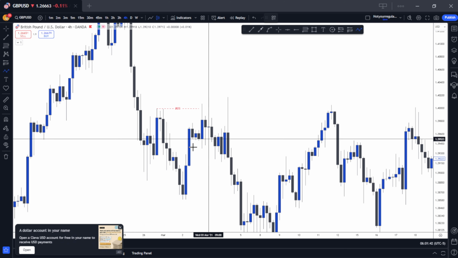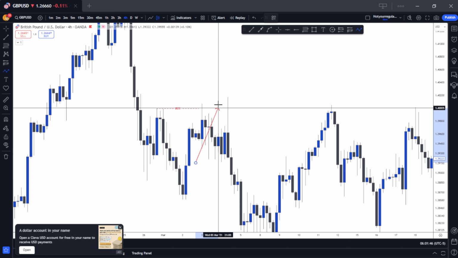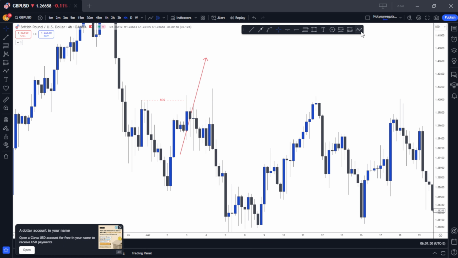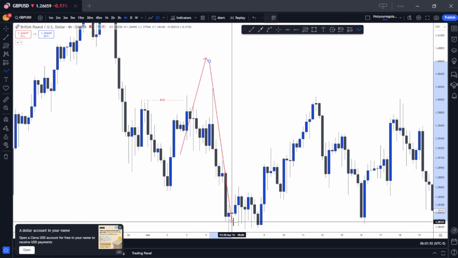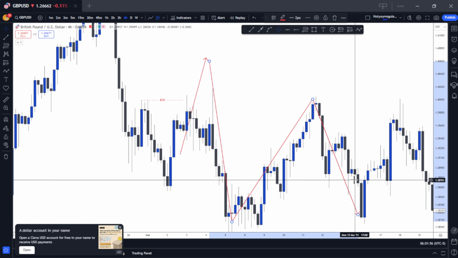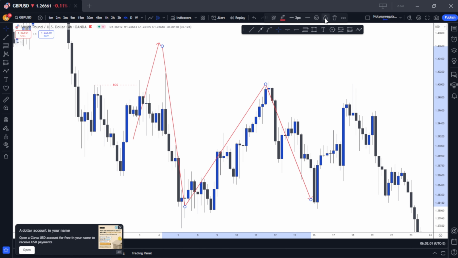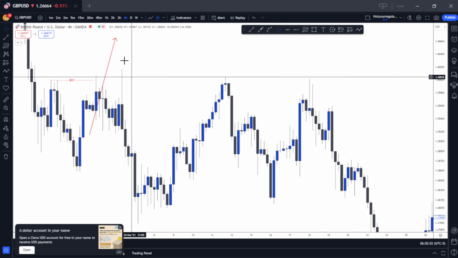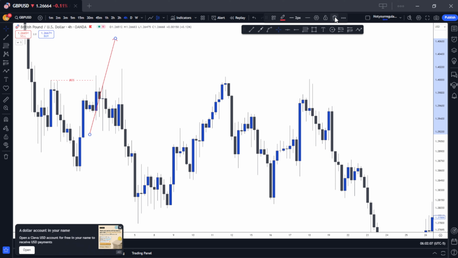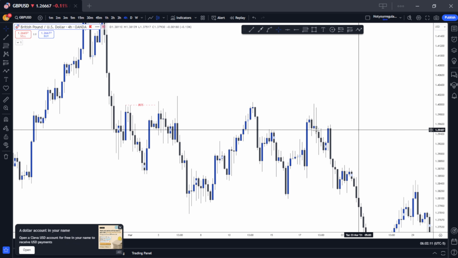Then they get in a trade when the market retraces back, maybe somewhere around there, expecting the market to go up. But instead, the market just comes down, hits their stop loss, and continues selling. They get trapped in the lower time frame and forget that the market is fractal.